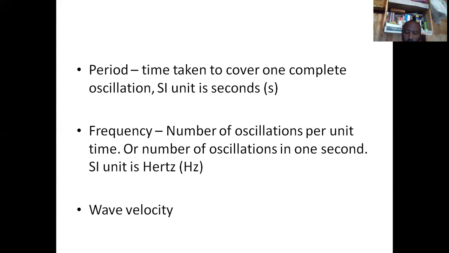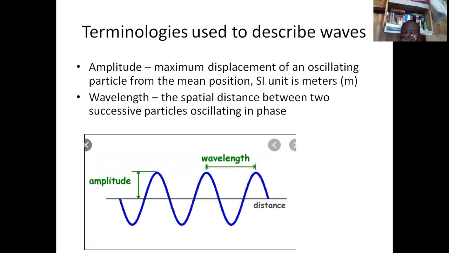Now, what I needed to emphasize here is that wavelength is denoted by a Greek symbol known as lambda. So lambda is a symbol that denotes wavelength in waves, and we shall be seeing lambda a lot as we progress.